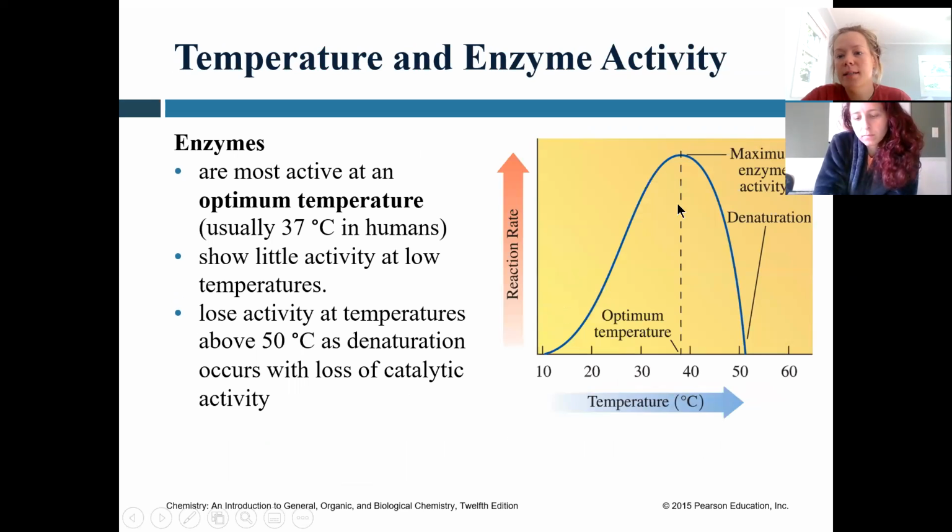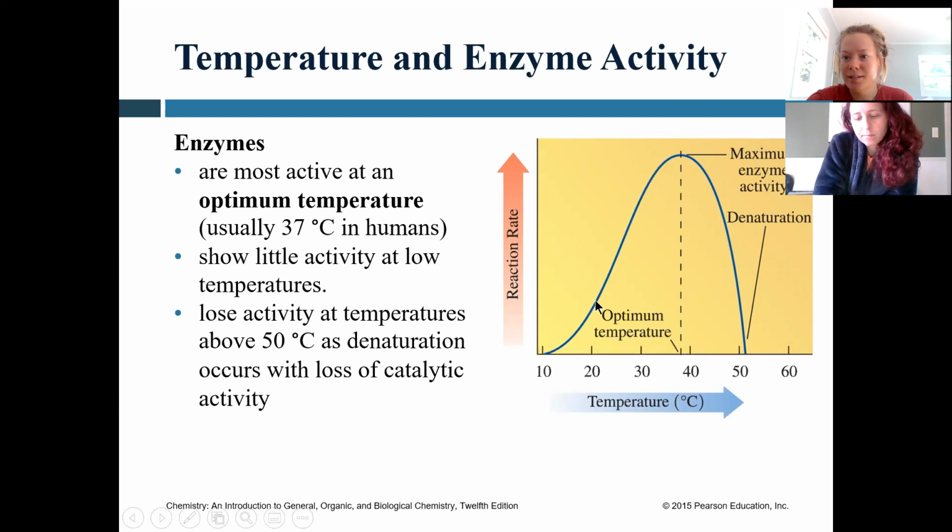So as far as temperature is concerned, optimal temperature is just shy of 40 degrees Celsius in humans. That's why our body temperature tends to sit around there. If we get into a colder environment, it will lose activity, okay?